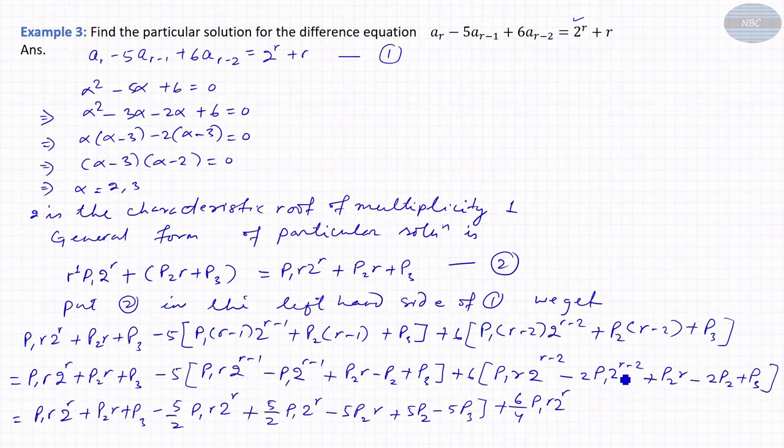Similarly, 2 to the power r minus 2 is 2 to the r divided by 4, 6 into 2 is 12, so this will be 12 by 4, minus 12 by 4 p1 into 2 to the power r plus 6 p2 r, minus 12 p2 plus 6 p3.